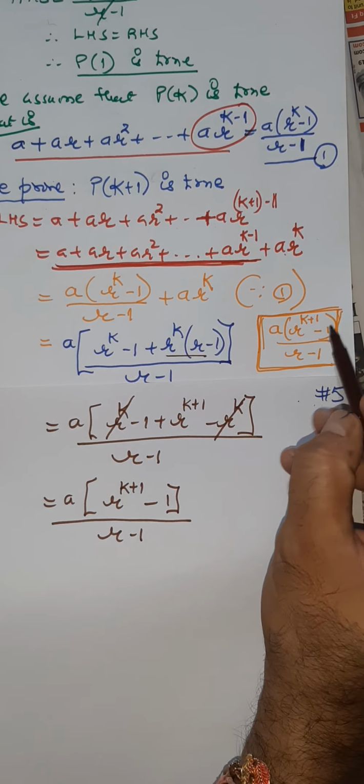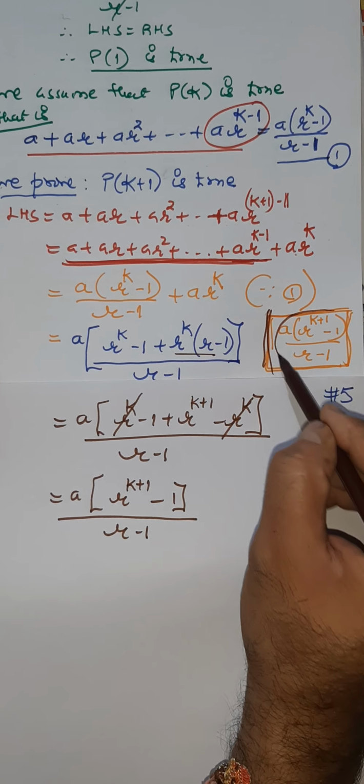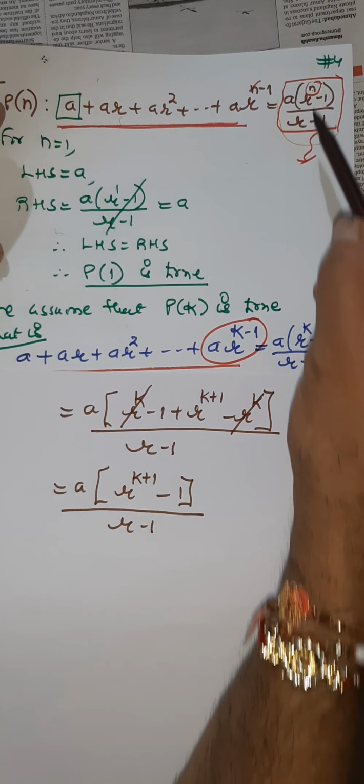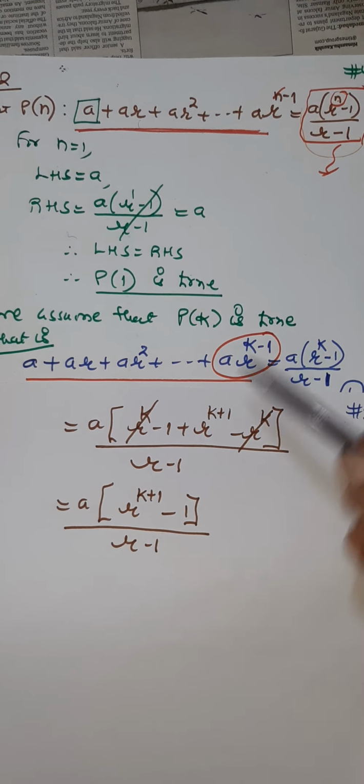You see on the RHS, as I wrote there, this much you wanted. So in the statement here, instead of n, you are getting k plus 1. Just to compare, you will realize.